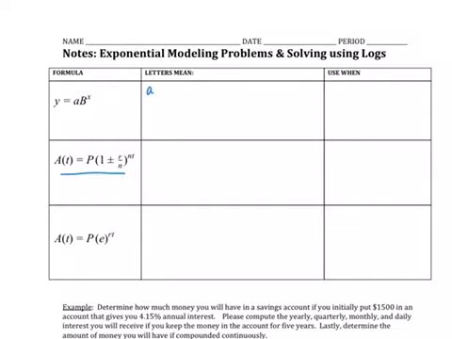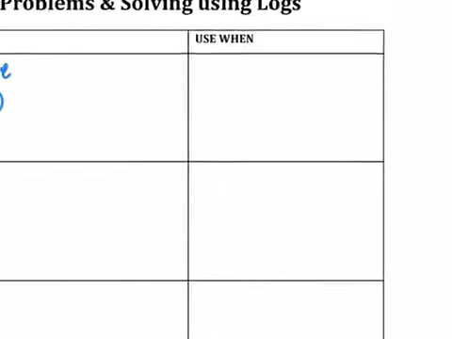A in this problem is our initial value. And then B is our base, which is 1 plus or minus R, depending. And then we've got X, which is just our exponent. We would use this in two different ways.